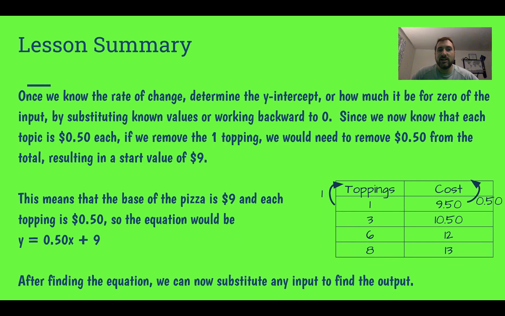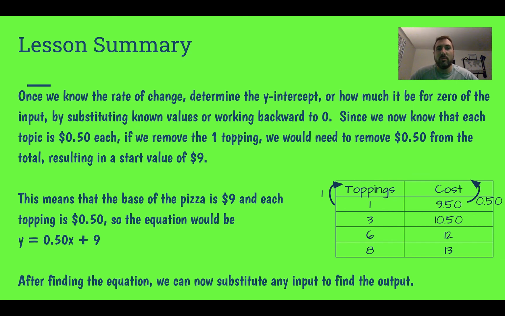Once we know our rate of change, we can work to determine our y-intercept by working backwards to figure out how much it would be for 0 inputs, or we can substitute and solve for b. In our example, since we knew that each topping was 50 cents, if we took away that one topping, so we now have 0 toppings, we would take away 50 cents from our total.